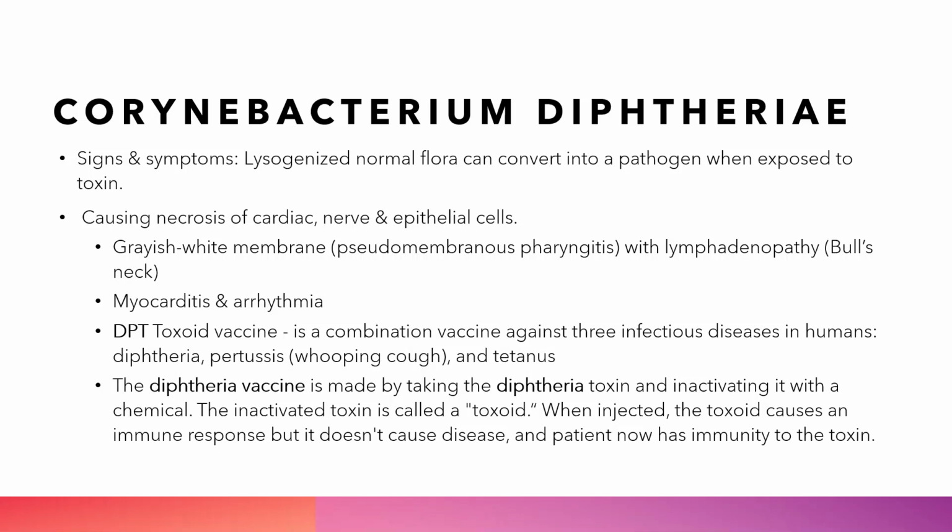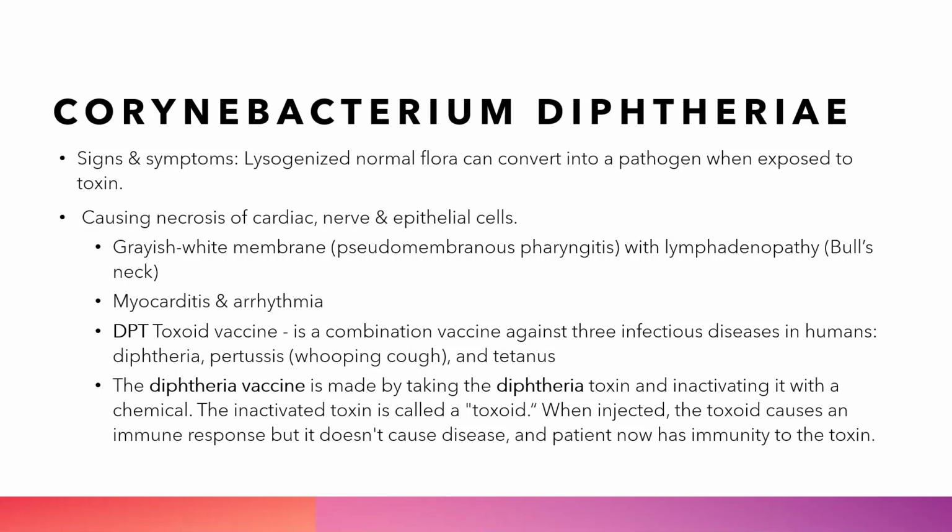Sometimes the USMLE exams or NBME will say an unvaccinated child has presented to you with gray-white membranes on the throat, and you're supposed to conclude that this is Corynebacterium diphtheriae. That's high yield, the gray-white pseudomembranes, because it's not really going to present any other way.